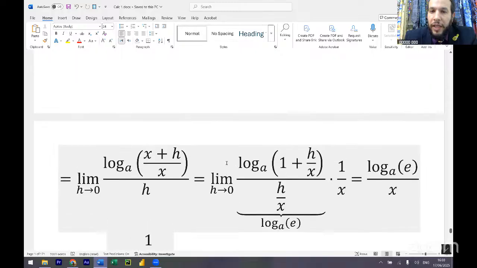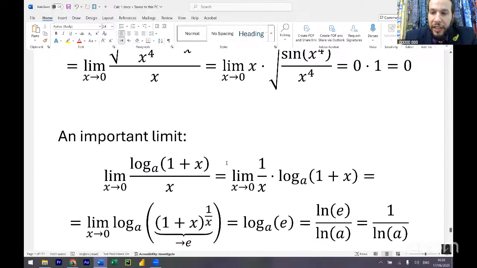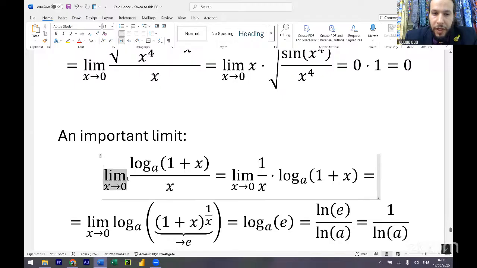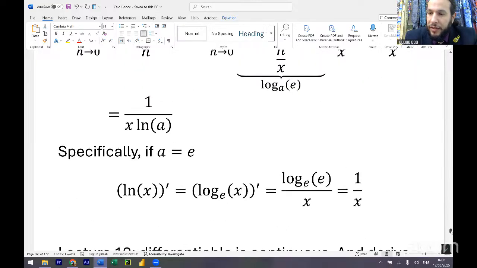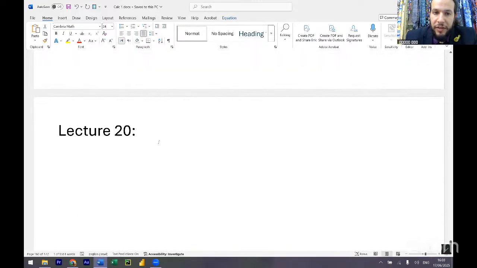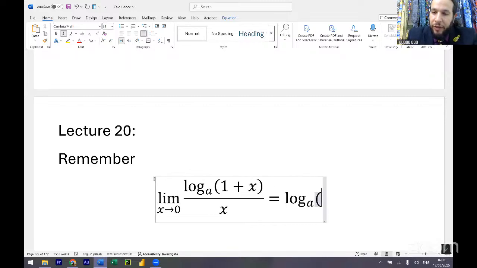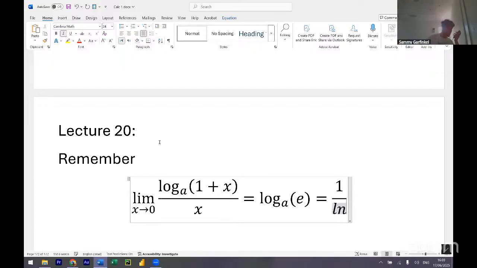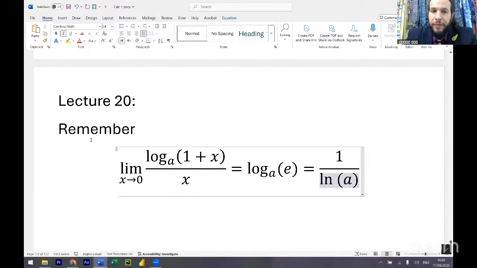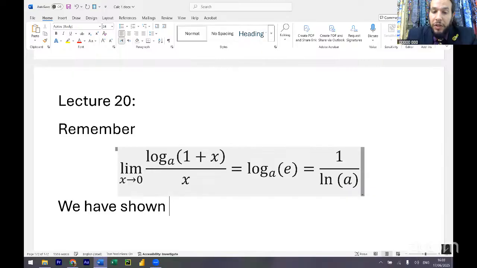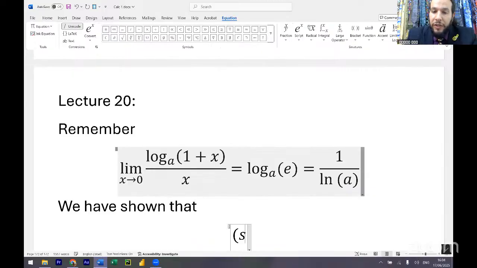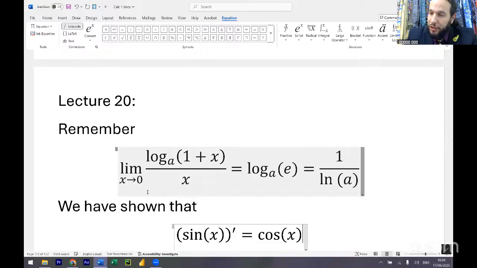Okay. And I'll need that limit that we calculated here, because we will use it again in a few seconds. So remember that this limit is log base a of e, which is 1 over ln of a. So we have shown that the derivative of sine of x is the cosine of x.